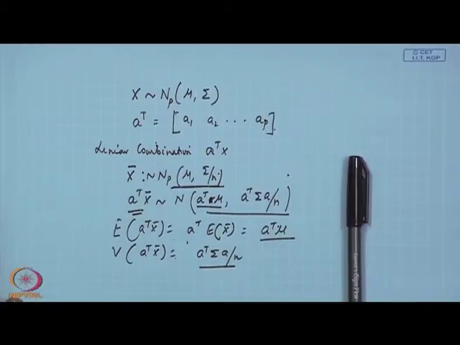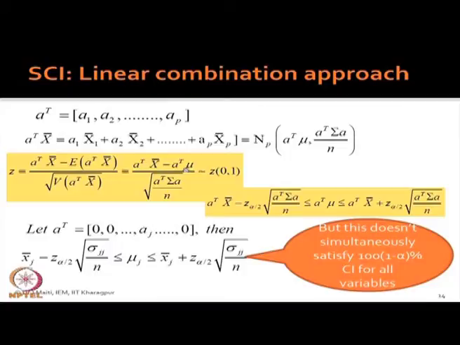As we have taken A transpose X bar minus A transpose mu, this is your Z distribution, N not NP; that P is a cut and paste problem. Because the property says that a linear combination will be univariate normal.